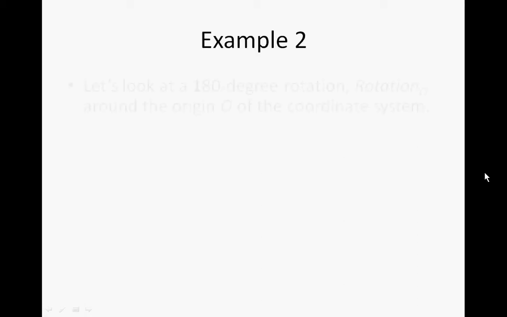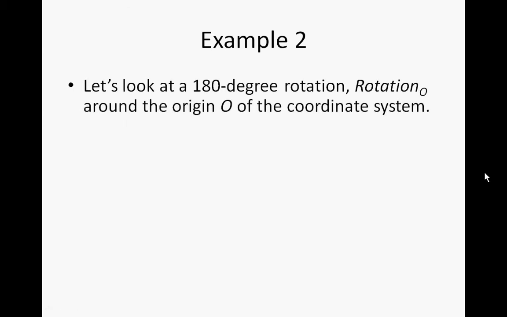All right, let's take a look at example 2. We're going to look at 180 degree rotation around O, the origin of the coordinate system.